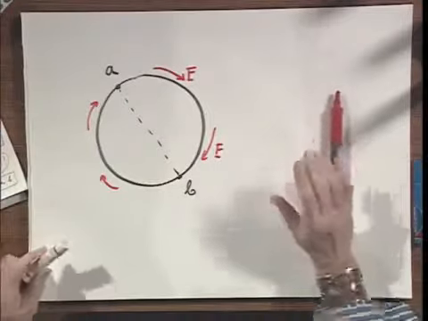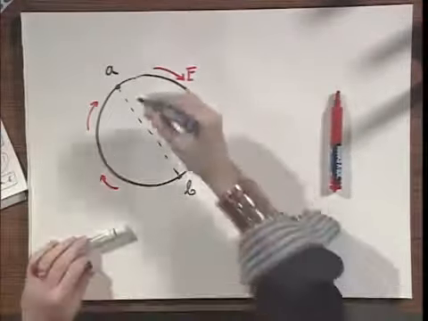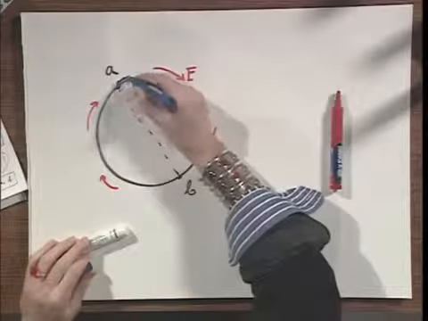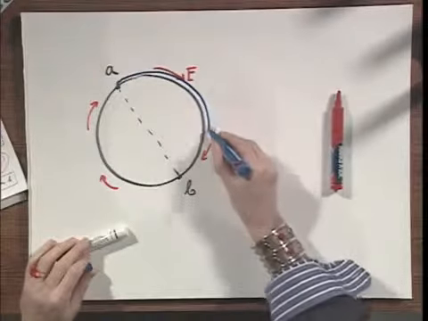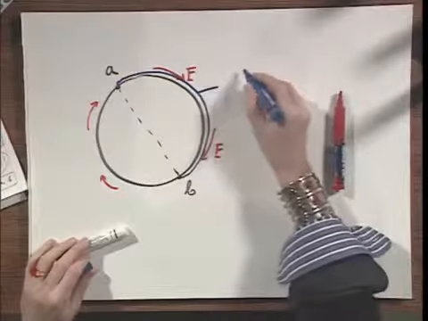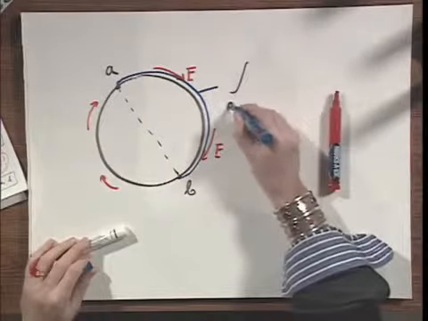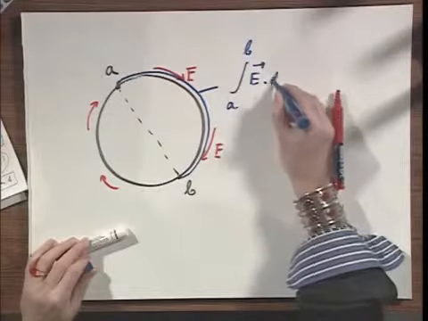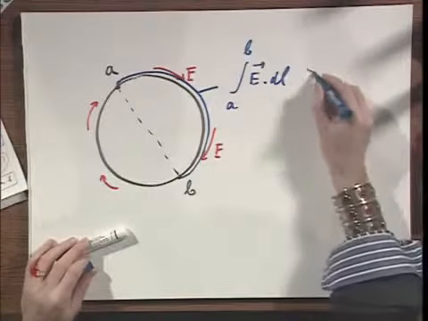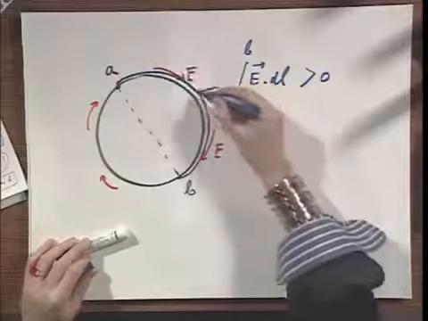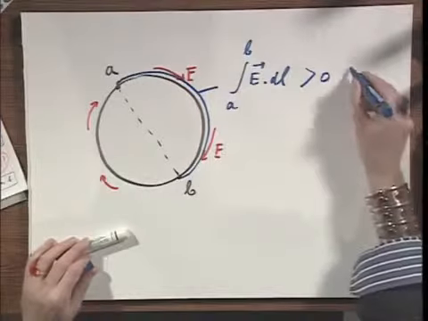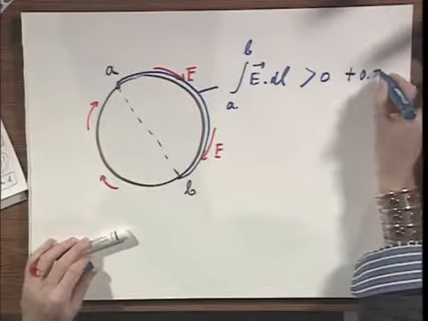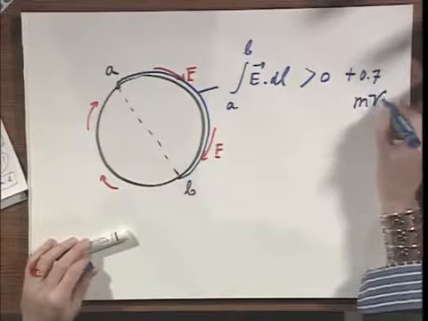But now comes the non-intuitive part. If I march from A to B along this line, then the integral in going from A to B of E dot dl is positive. You can see E and dl are in the same direction. And it happens to be, if I did not make a mistake, plus 0.7 millivolts.